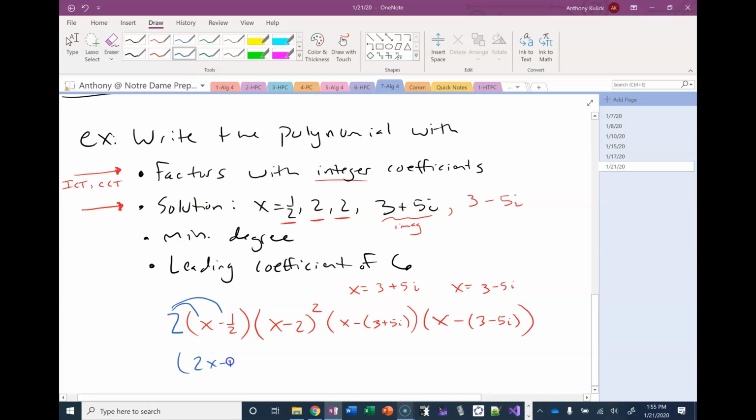I'd get 2x minus 1. Okay. That seems like it does it then, right? Did I change the solution at all by doing that? No, when I set that equal to 0, I'm still going to get 1/2 as my solution. So it's perfectly fine to do that. Everybody is okay?